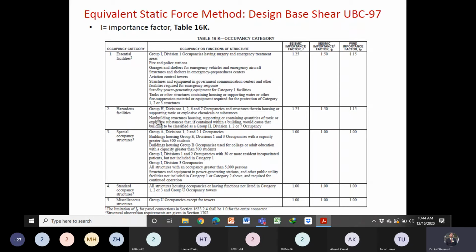Similarly, for hazardous facilities, for example housing or storing toxic or explosive chemicals or substances, again it is more important because if there is some problem in these types of structures, then there will be more damage. So this value is again high, 1.25, and then special occupancy structures. Okay, so all types of structures are given here. Simply we have to pick the type of our structure from this table, and then we can see the value of the importance factor.